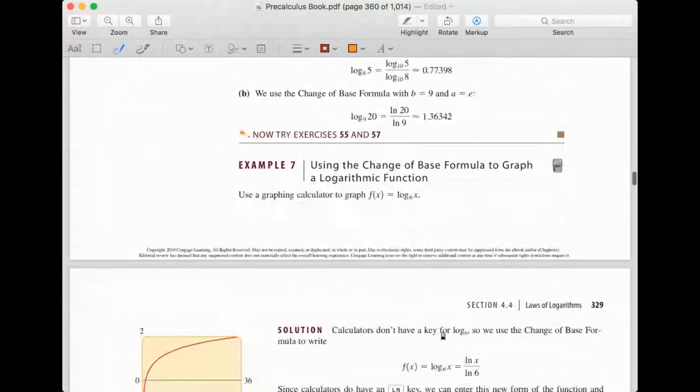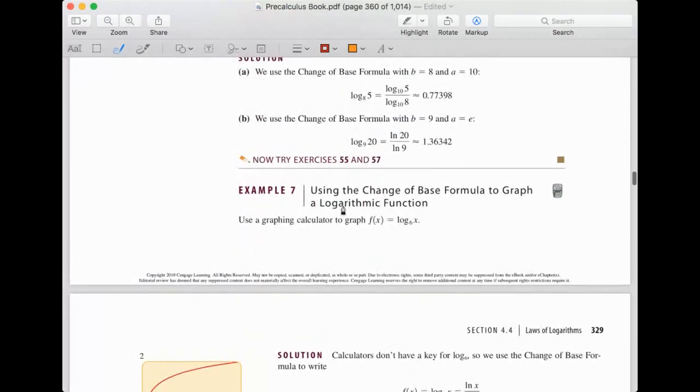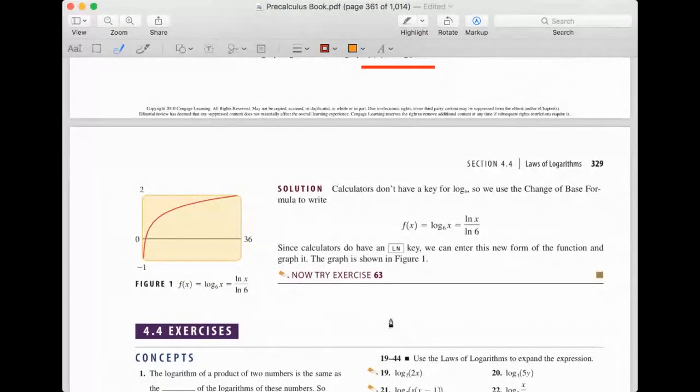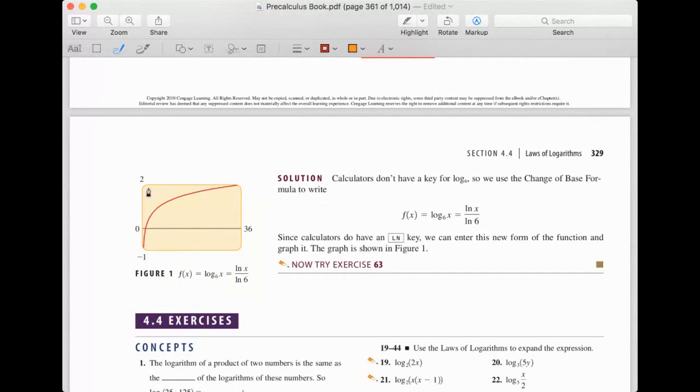Let's see more examples. Let's talk about this one. So let's see the graph of log. The graph of log always goes this way. Think of this as the y-axis and this as the x-axis.